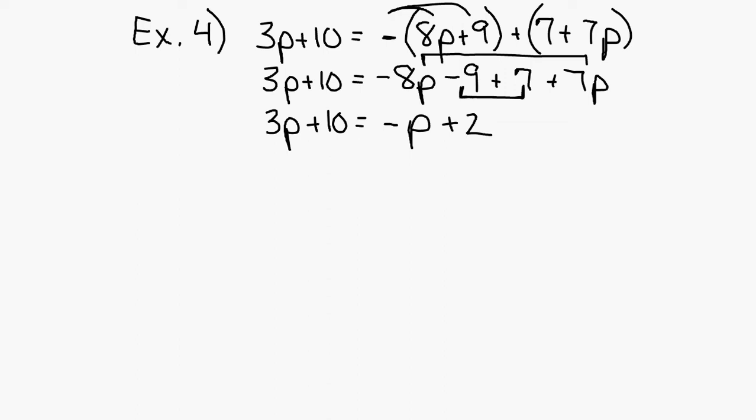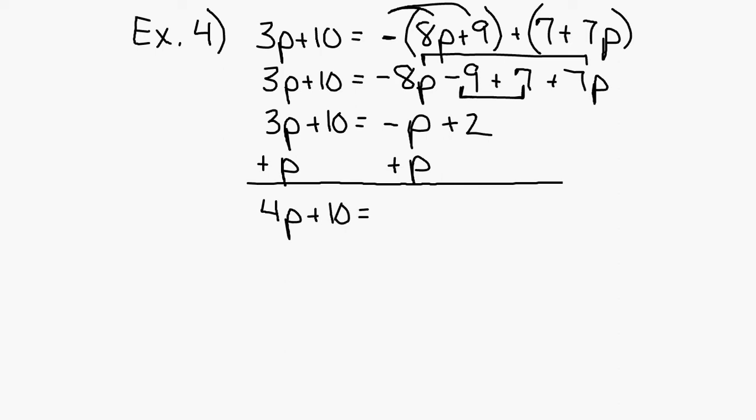Now you're going to move the variables to one side of the equal sign, so you're going to add p to each side. So 3p plus p is 4p plus 10. The p's cancel out, and the 2 comes straight down. Subtract 10 from each side.